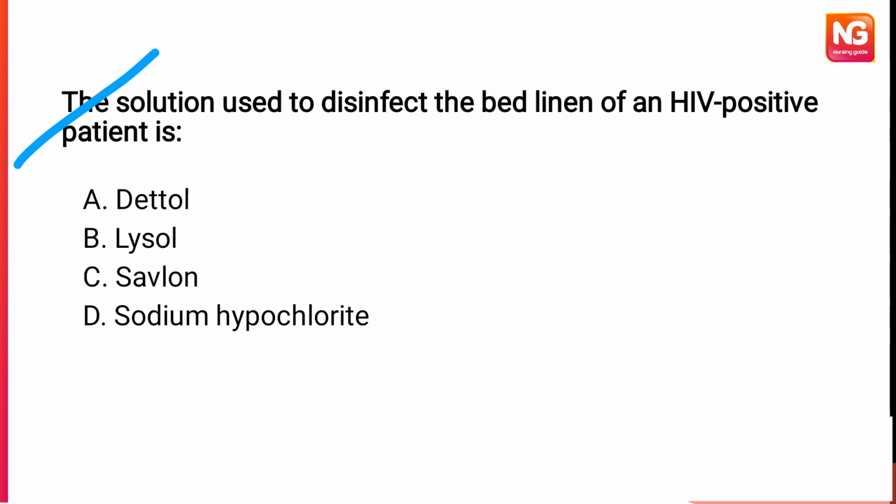Next, the solution used to disinfect the bed linen of an HIV positive patient is option A, Dettol, option B, Lysol, option C, Savlon, and option D, sodium hypochlorite. And the correct answer is option D, sodium hypochlorite. Sodium hypochlorite is the solution used to disinfect the bed linen of an HIV positive patient.